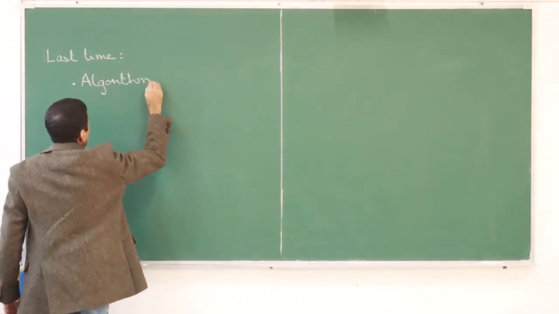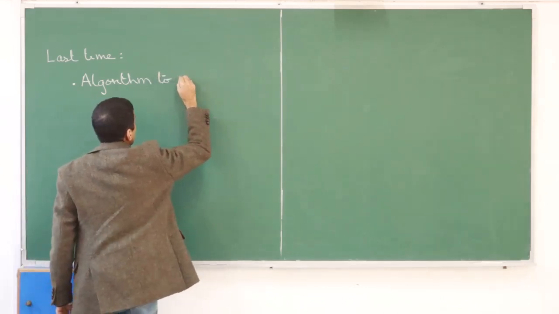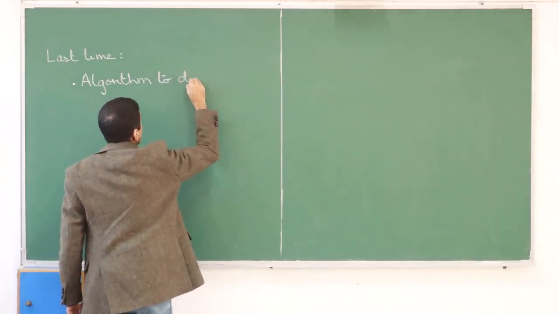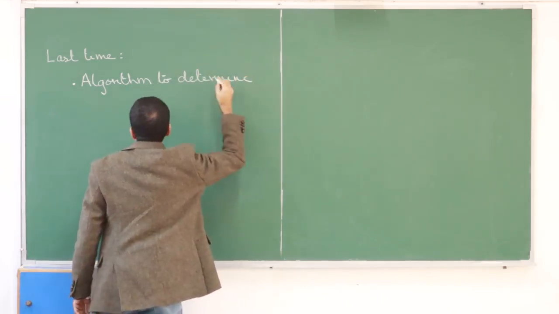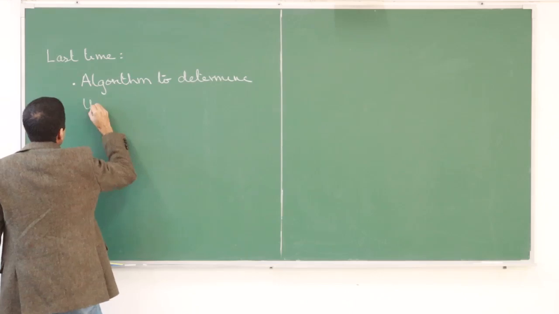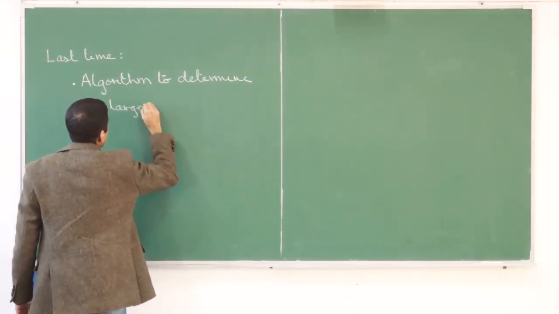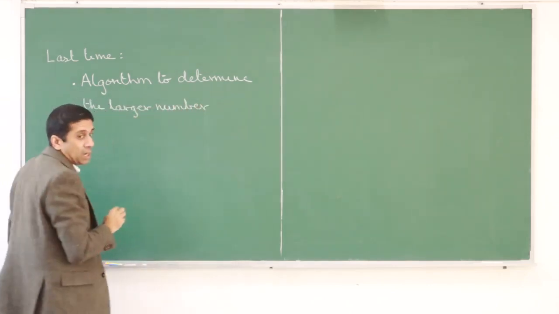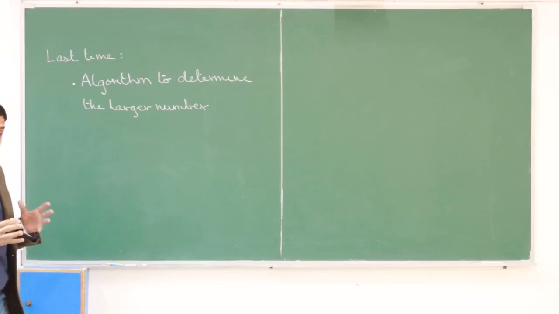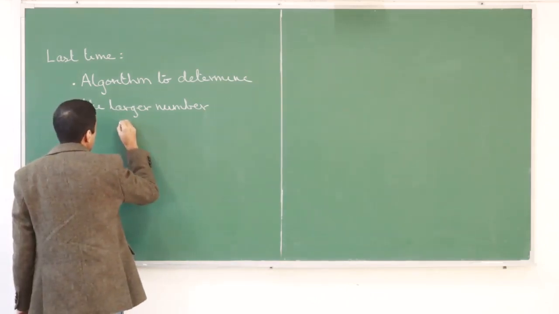It was an algorithm to determine the larger number, or the smaller number, it doesn't matter. We learnt how to determine which number is larger, and the algorithm was very simple.